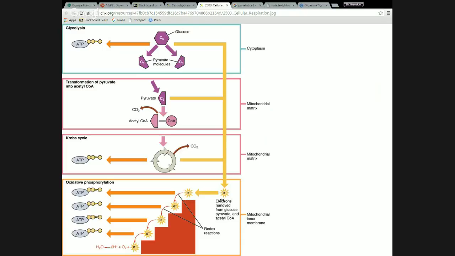Now, the electrons that are harvested here, we have to maintain a balance. And so for every electron, we need a proton. And what's another name for a proton? It's on this picture right here.